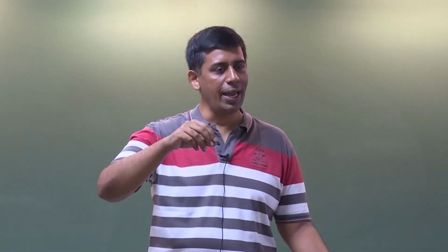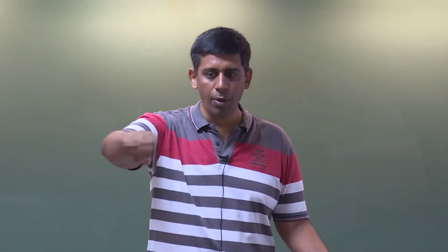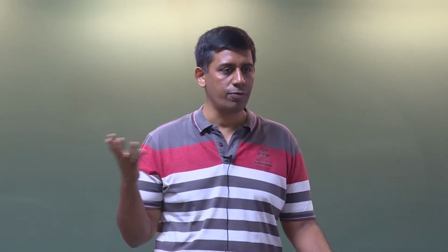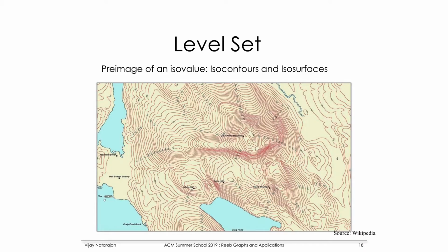So you pick a height, an elevation, all points that are at that elevation is called a level set. That makes sense? So F inverse of C. So this is also a level set, F inverse of some scalar value. All points which have a given scalar value. So these are more practical examples.